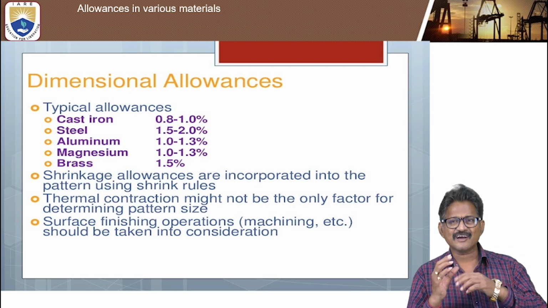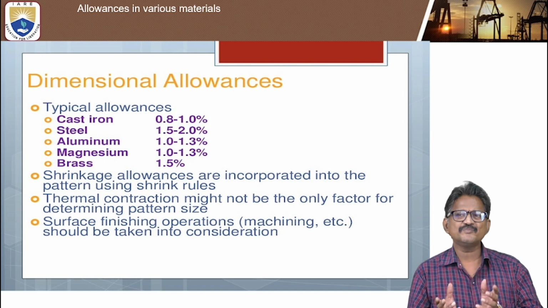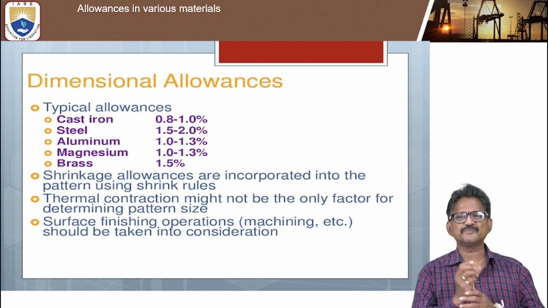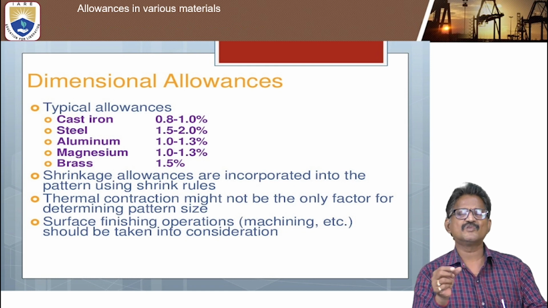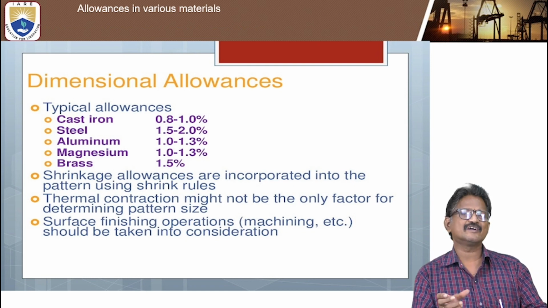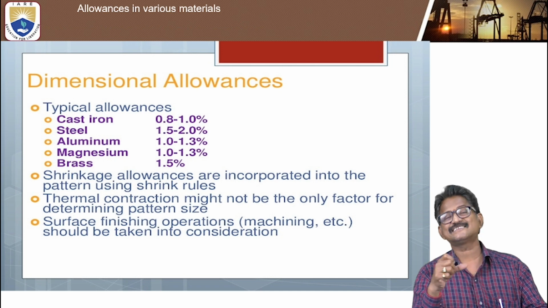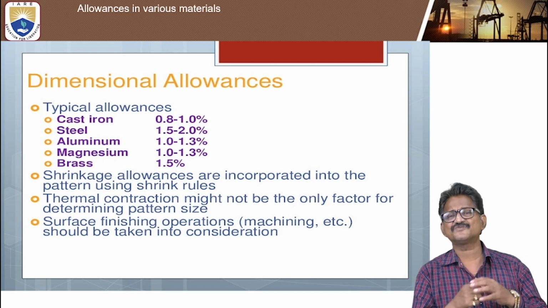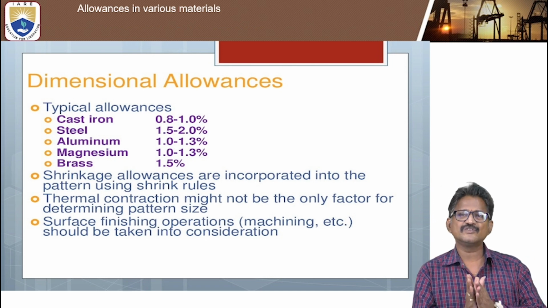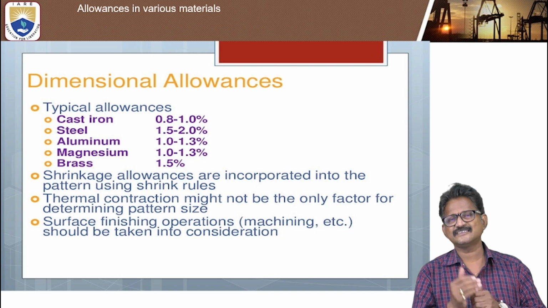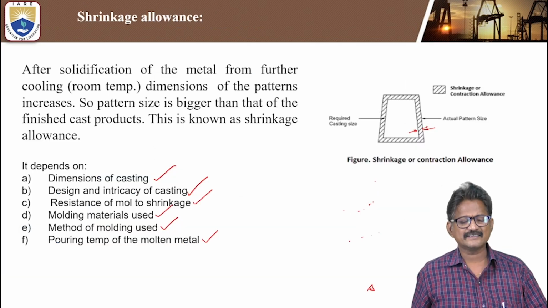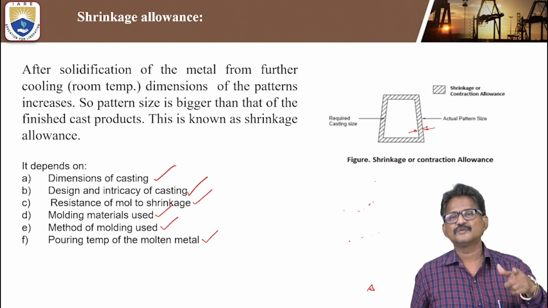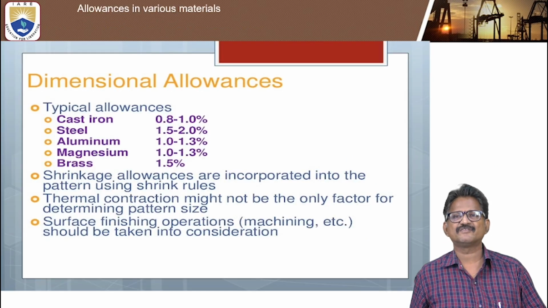And also, thermal contraction might not be the only factor determining the pattern size. While pouring the molten metal into the mold cavity, the thermal contraction, temperature, and heat transfer will not be the only factors. Different sizes I have discussed earlier. These are some of the factors that depend on applying a good shrinkage allowance.